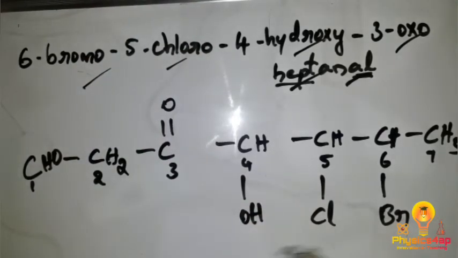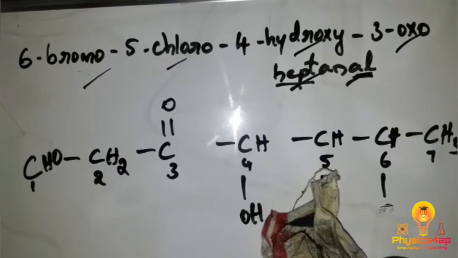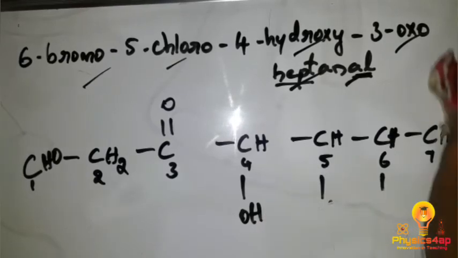So I think you got an idea about how to draw the structures for a given organic compound. In the previous video we saw how to draw the structures and give names. Let's once revise the previous video.